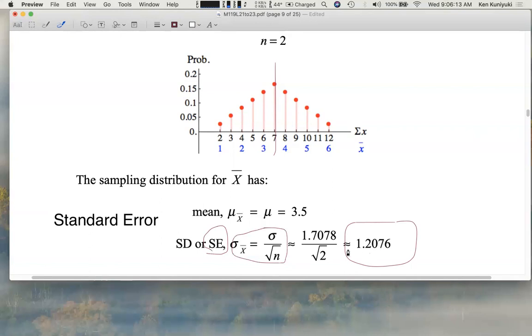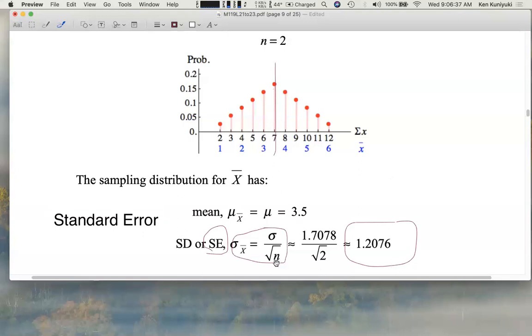This will always be less than that. It will always be less than the Big Daddy standard deviation. And why is that? Because as you roll more and more dice, as you go from 1 die to 2 dice to 4 dice to 2 million dice, then the distribution of averages will be more tightly clustered around the 3.5. So you're going to get less spread.